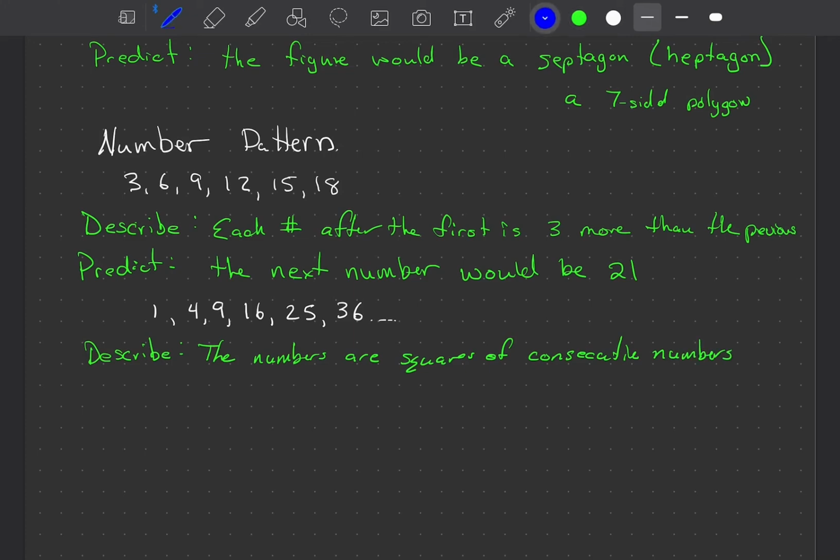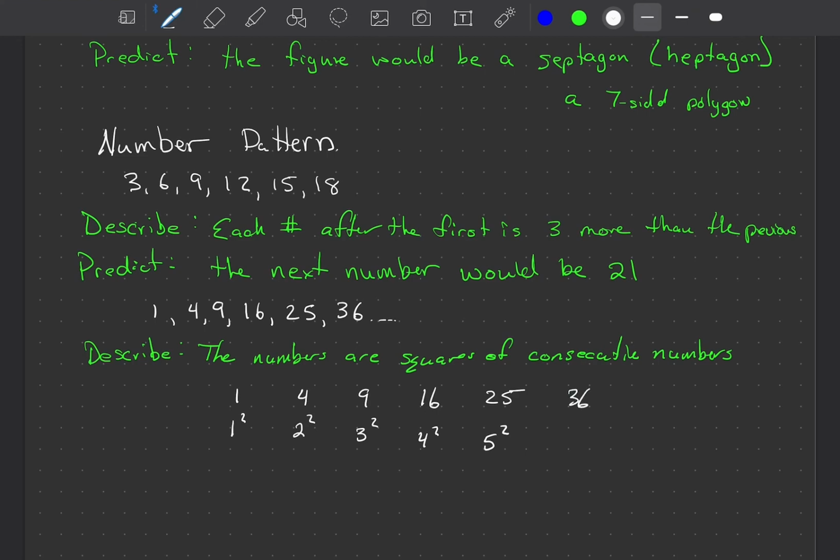So, for example, if we look at this and go, okay, so we've got 1 is just 1 squared. We have 4 that is 2 squared. 9 that is 3 squared. 16 that is 4 squared. 25 that is 5 squared.